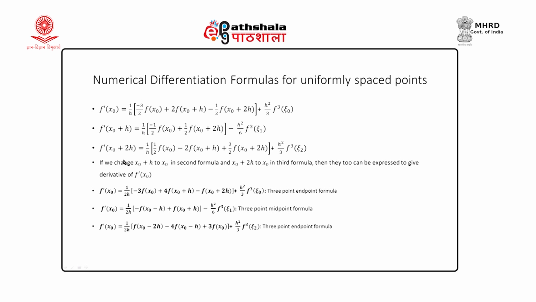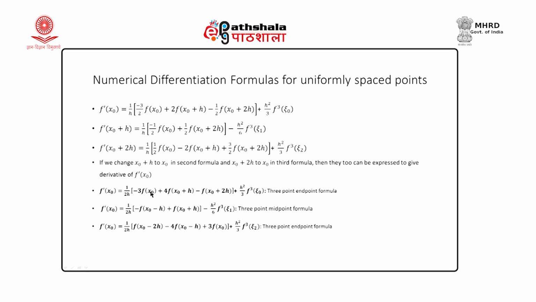In the third formula, when I change x0 plus 2h to x0, this will become x0 minus 2h, this will become x0 minus h, and this will become x0. So, the third formula is f dash x0 is 1 by 2h times f x0 minus 2h minus 4 f x0 minus h, and plus, because 1 by 2 we have taken common here. So, it becomes 4 and plus 3 f x0, plus h square by 3 third derivative at the point xi2.